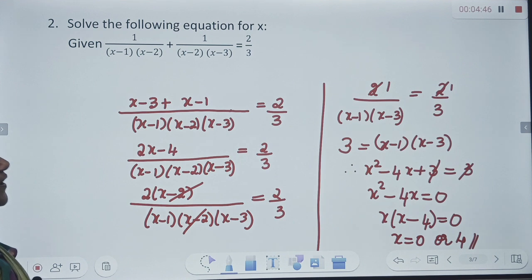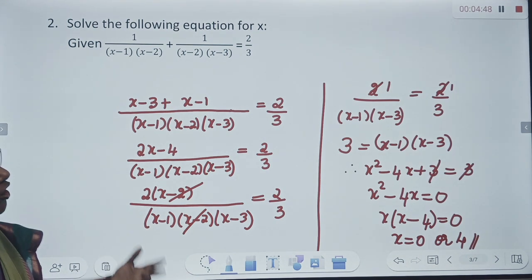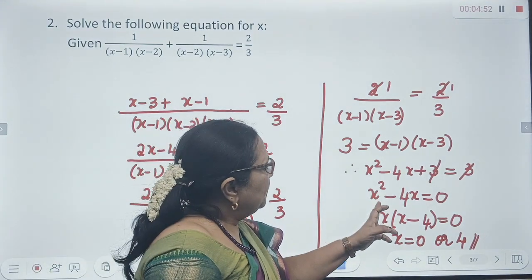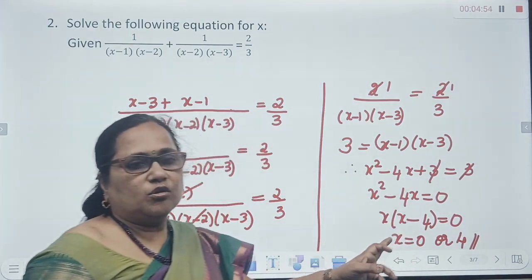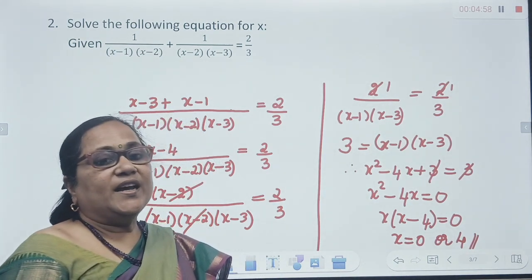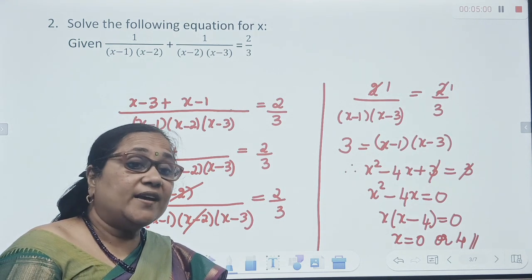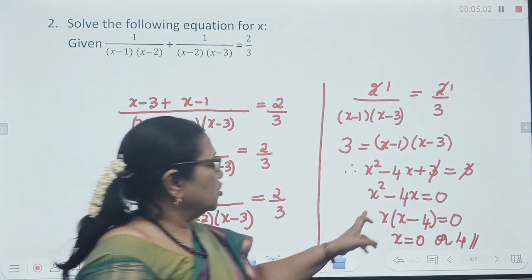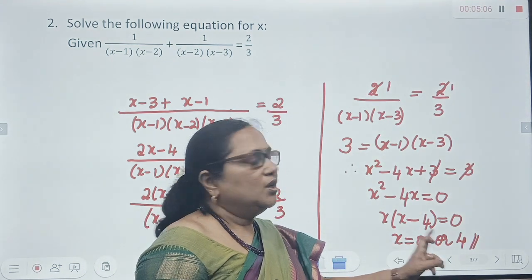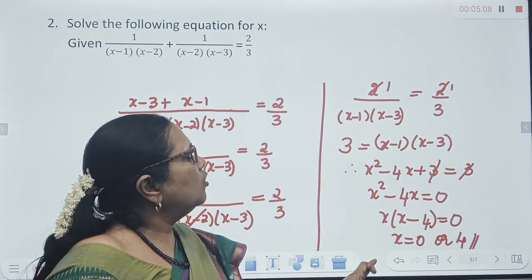So simplifying the given equation, we got a situation where it simplified to x square minus 4x equal to 0, which can be written as x into x minus 4. A into b is 0 means either a is 0 or b is 0. So this means either x is 0 or x minus 4 is 0, which means x is 0 or 4.